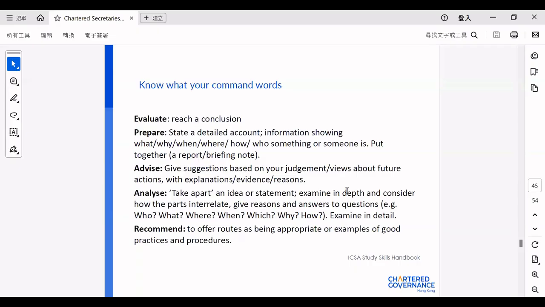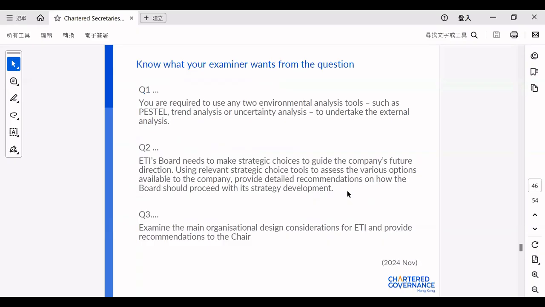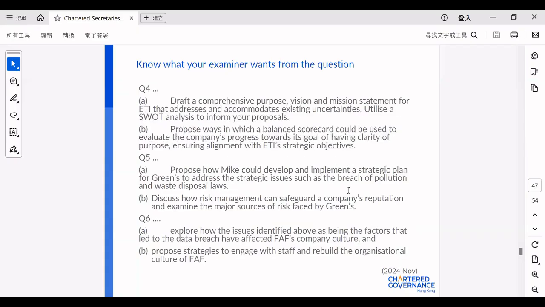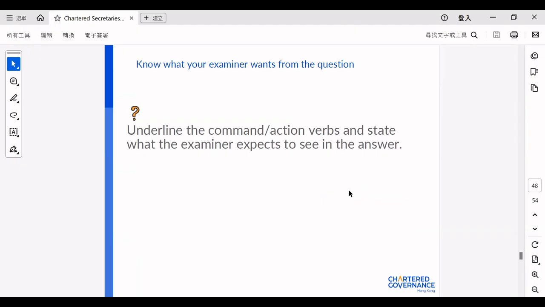So we do a very simple exercise on this. Now you are required to write an environmental analysis. I give you 6 questions here, and I want you to underline the action verbs and state what the examiner expects to see in the answers.